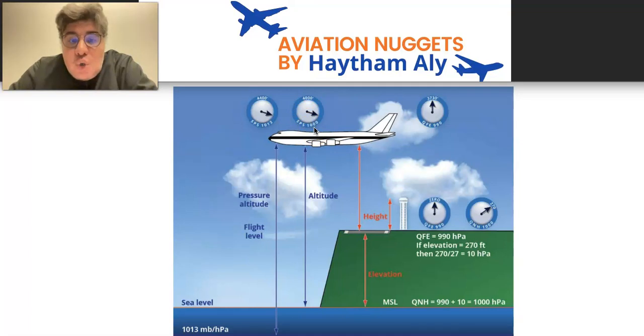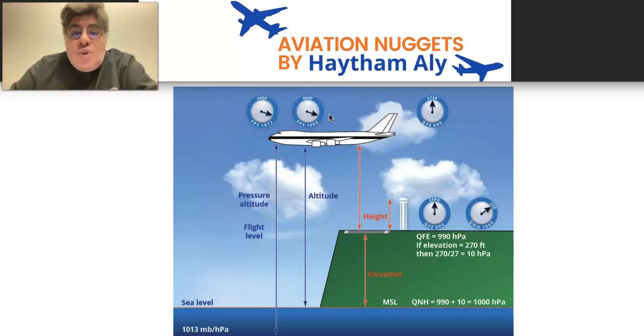So the altimeter will show us altitude, which is 4000 feet, as you can see here. So what is altitude, everybody? Altitude is the vertical distance of a moving object, like an aeroplane or aircraft, from the mean sea level. And you get altitude on the altimeter when the pressure setting is QNH.